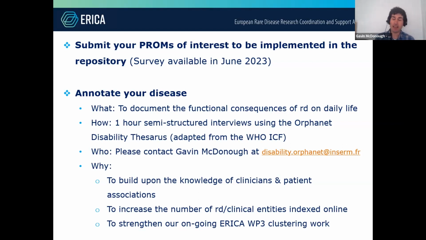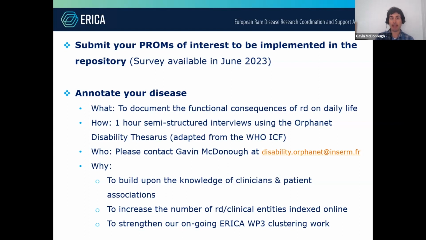The way that you can get a hold of us to participate in this project is by contacting disability.orphanet@inserm.fr.